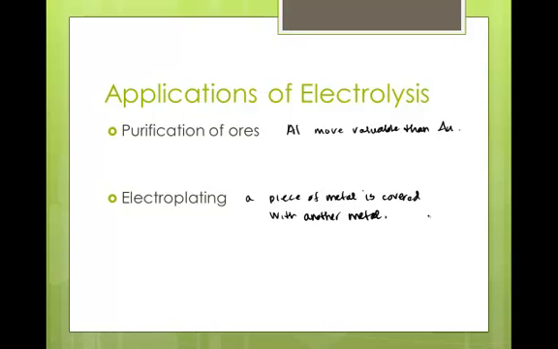In other words, there's a cheap metal and then it's covered with a coating of some other metal. So it looks like gold, but it's really not gold at all. The metal itself could be covered with a very thin layer of gold, but the base metal, the majority of the composition of that jewelry, is probably something else.